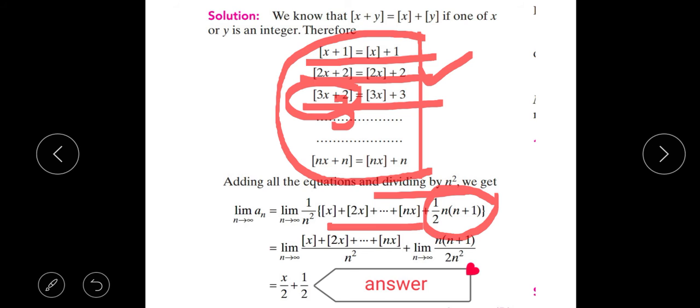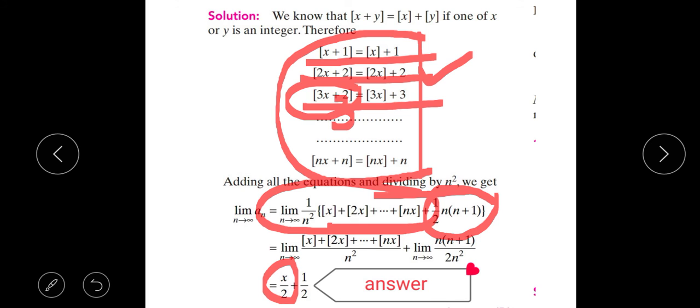Now we take the limit n tends to infinity. What we get from this expression, we will get x by 2. So how this expression, and after taking limit, the result is x by 2. This was the first question of this series.